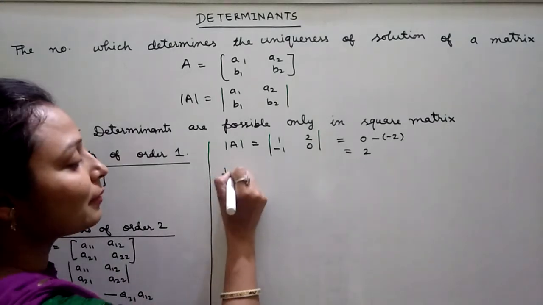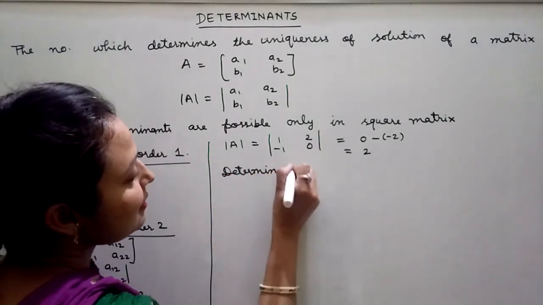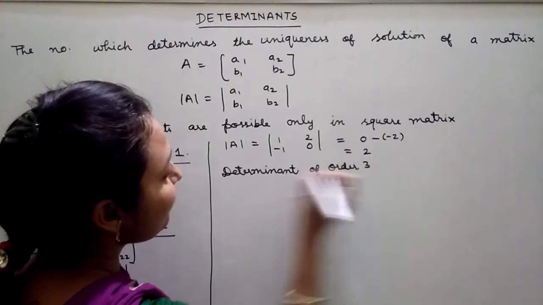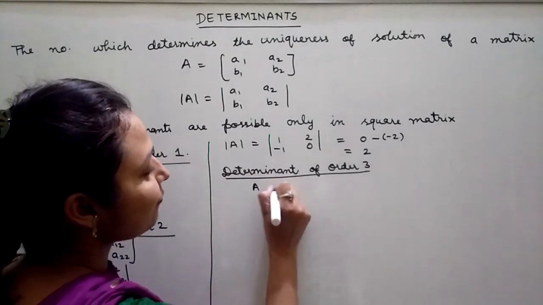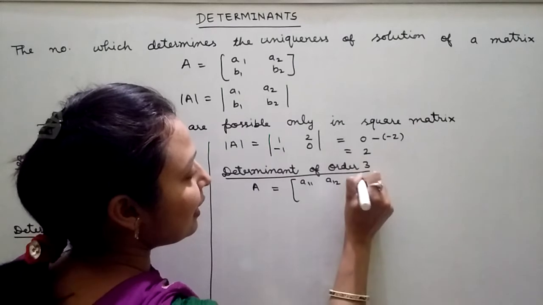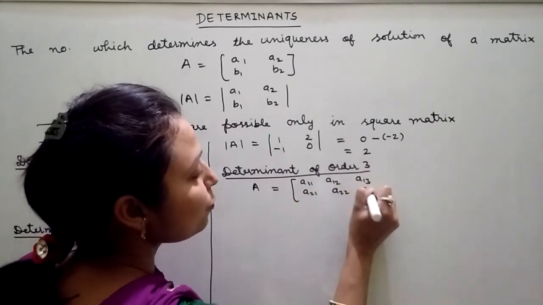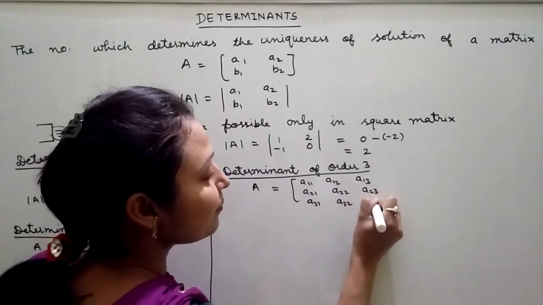Now come to the determinant of order 3. How can we find the determinant of order 3? Let us suppose we have a matrix A11, A12, A13, A21, A22, A23, A31, A32, A33.